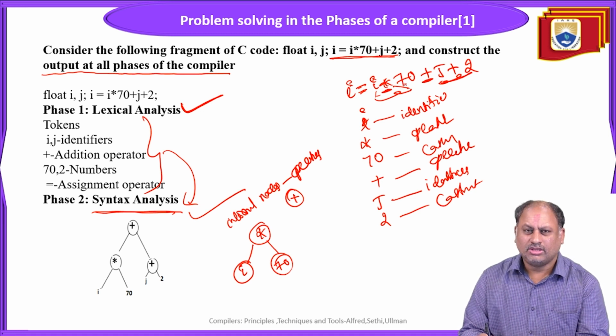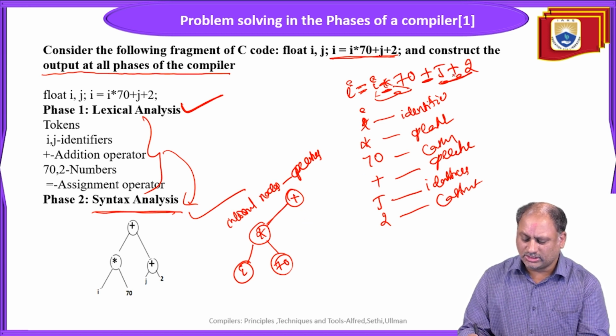On the left we have i * 70, already calculated, so this is attached to the plus as its left child, whereas the right child of this node is j + 2.